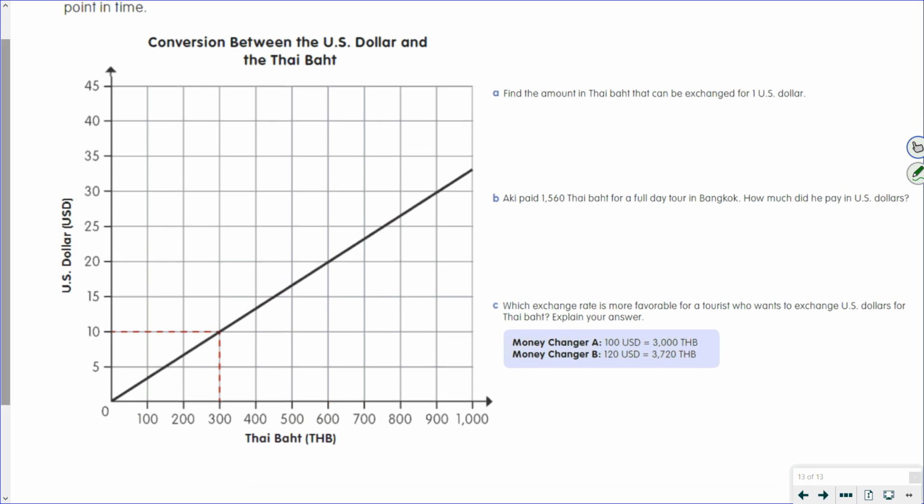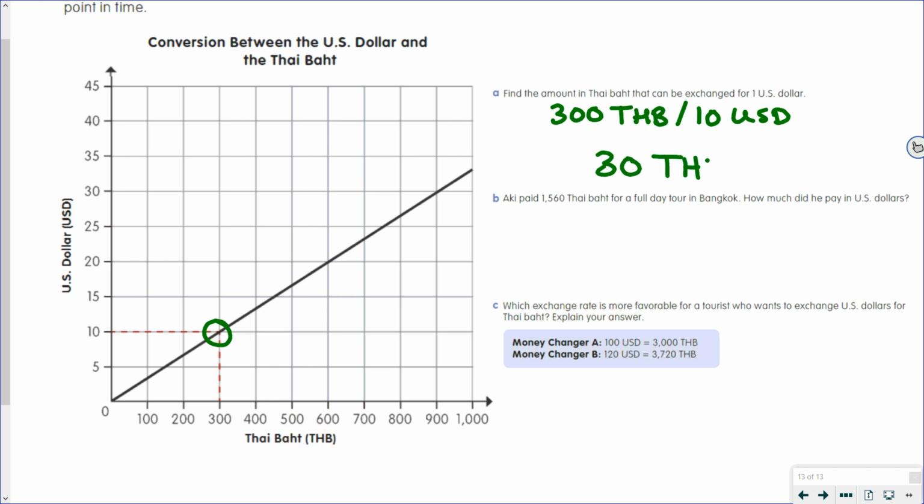So again, we want to use that intersection point here. And we see that we have 300 Thai baht, and that's for 10 US dollars. Divide both those by 10. So we get 30 Thai bahts.